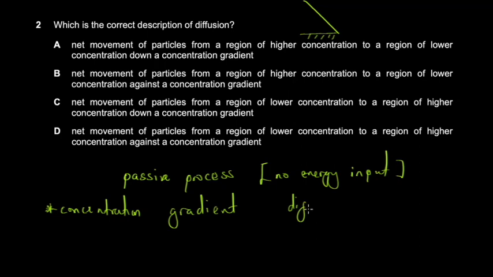To say that in diffusion substances move down a concentration gradient is the same thing as saying from higher concentration to lower concentration. So we say down a concentration gradient. You can remember the D as down a concentration gradient.